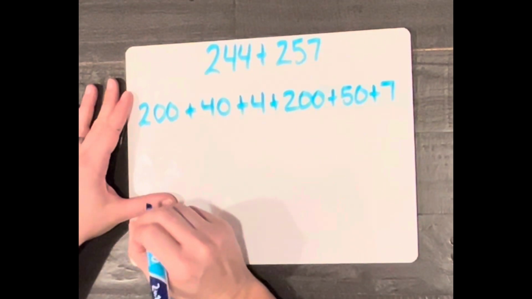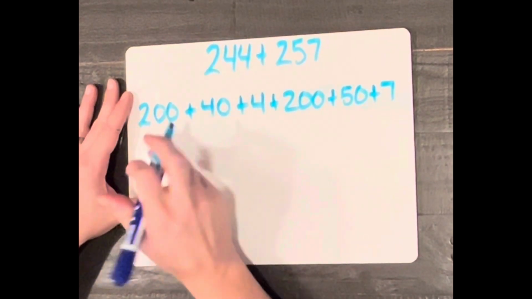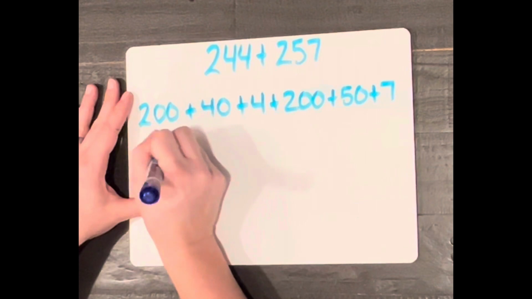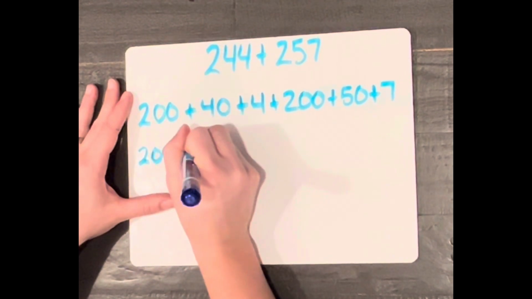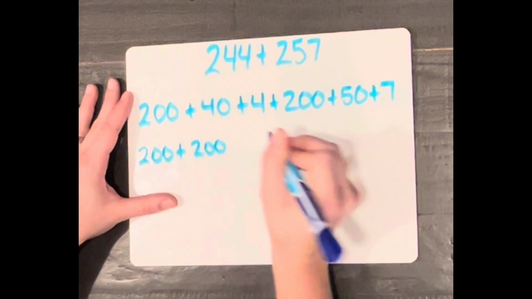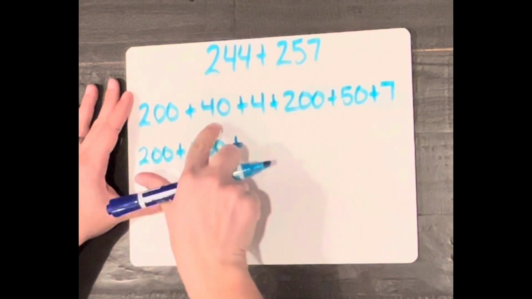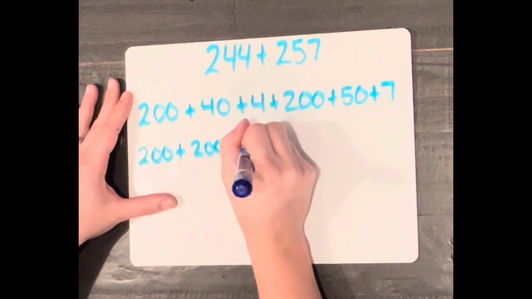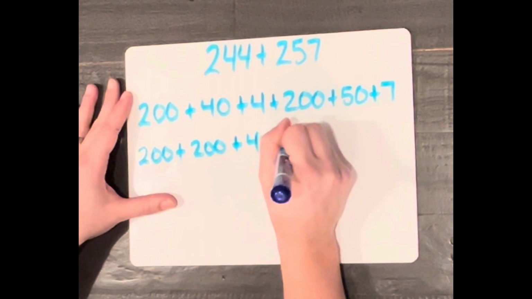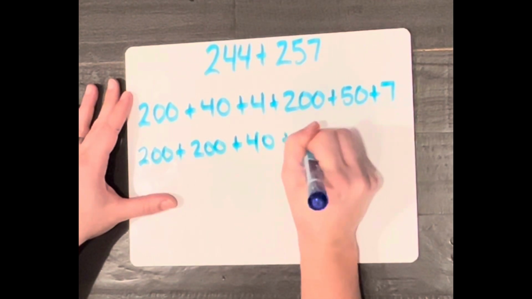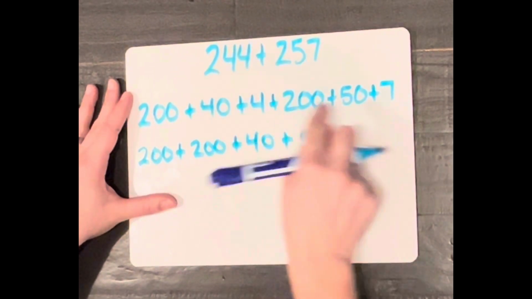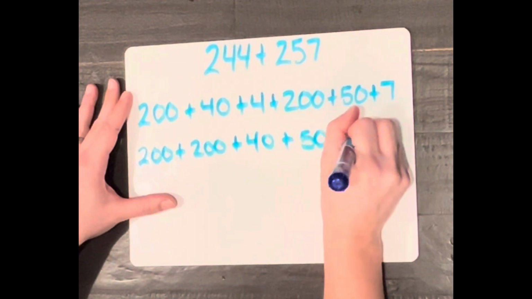Now we're going to add our hundreds places together. So we're going to go 200 plus 200, plus, now we're moving to our tens, 40 plus 50, and now we're going to move to our ones, 4 plus 7.